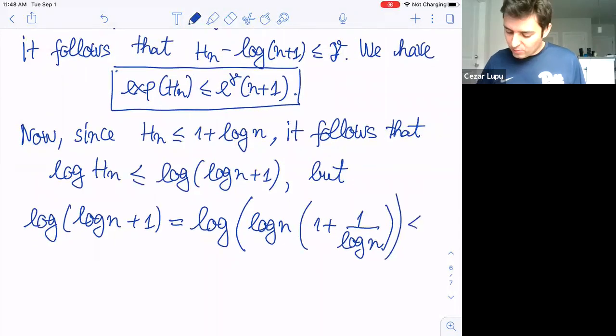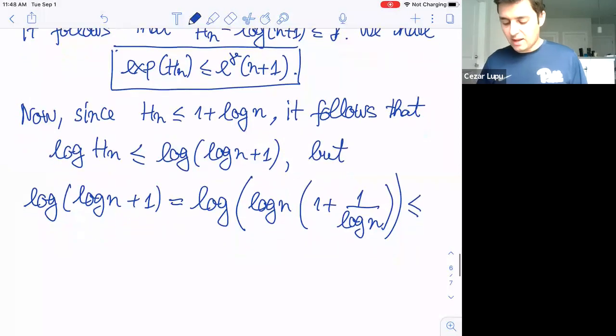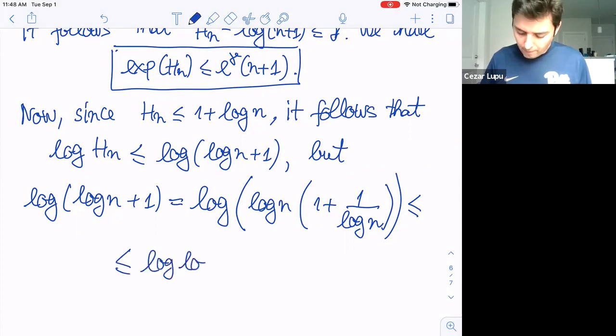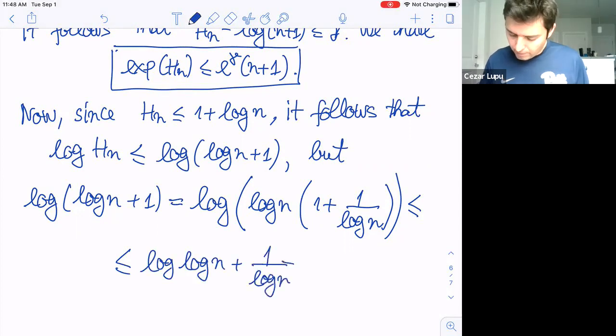And now guess what I'm going to do? Look at this guy. I have log. So this will be less or equal than log log n plus 1 over log n, right?